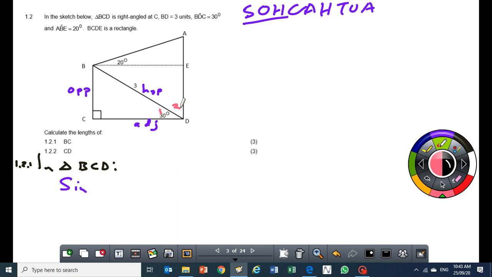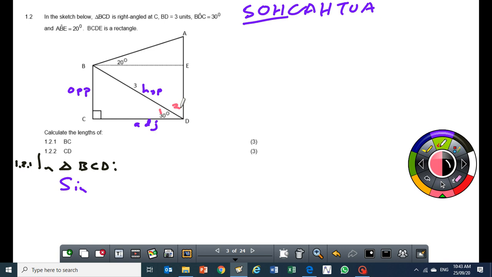Angle D is 90, because this is a rectangle. Now you need to distinguish which D you are talking about, because there are 2 angles here. If you just said D, it would be wrong. So what if you just wrote sine theta?